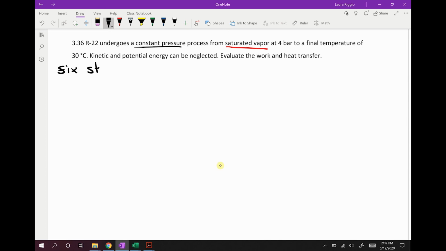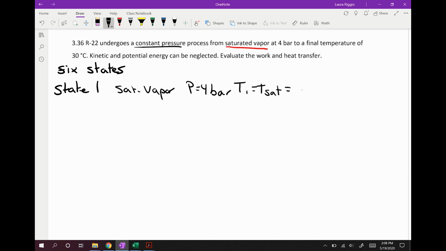So the first thing I want to do is fix my states. For state 1, I have saturated vapor. My pressure is equal to 4 bar. My temperature is equal to my saturation temperature, which is equal to minus 6.56 degrees Celsius.